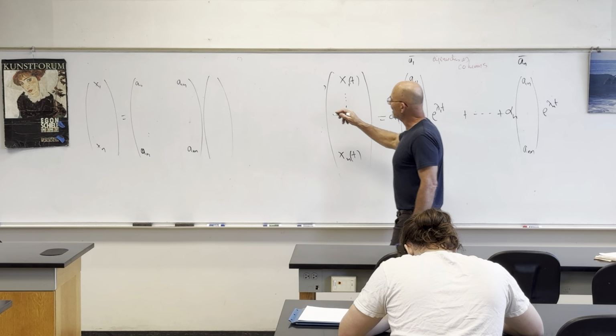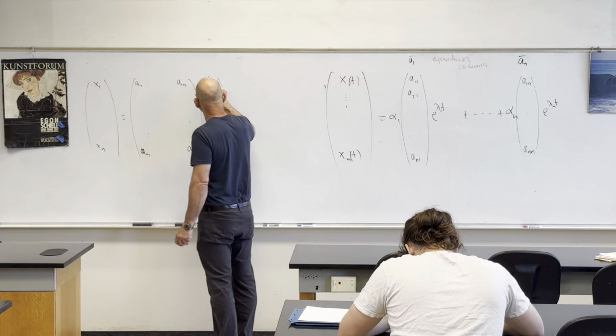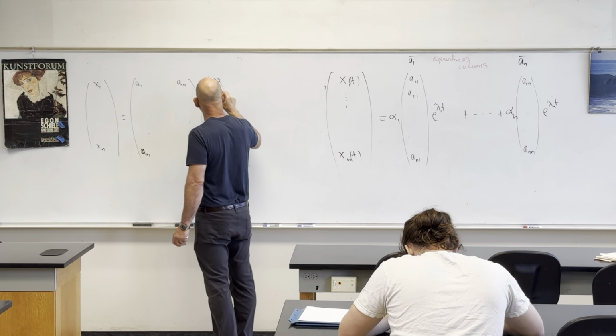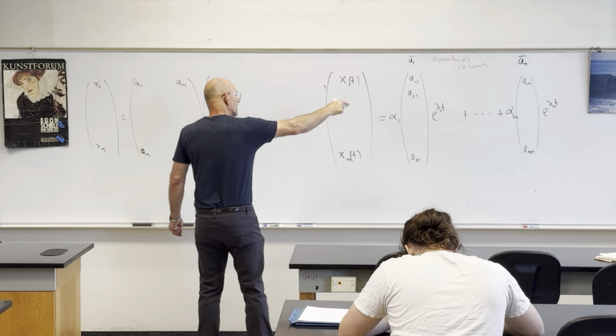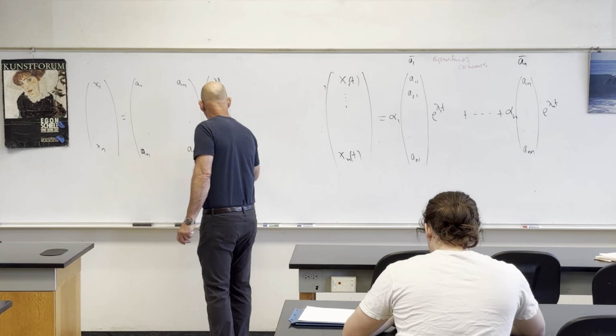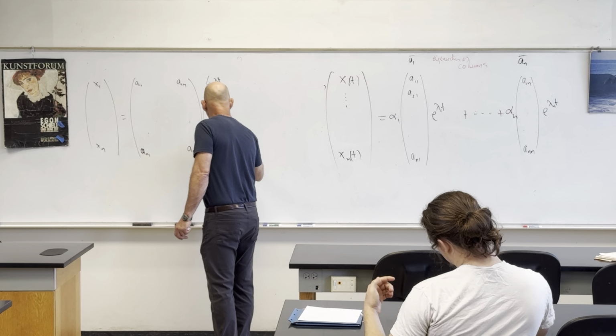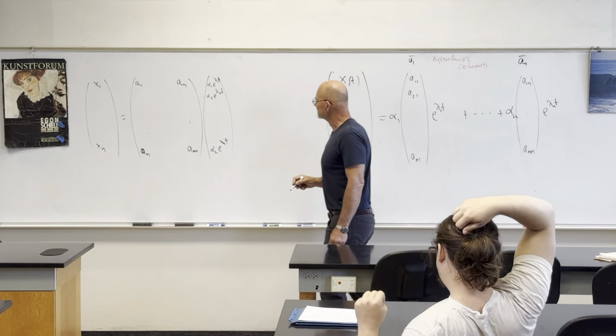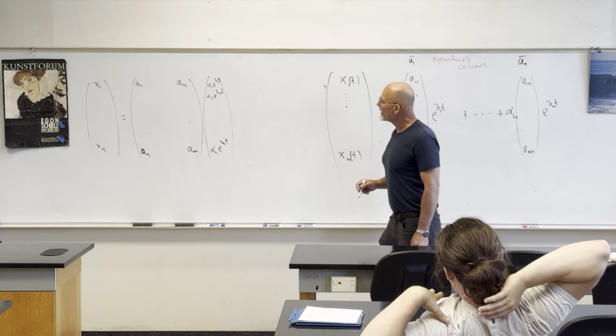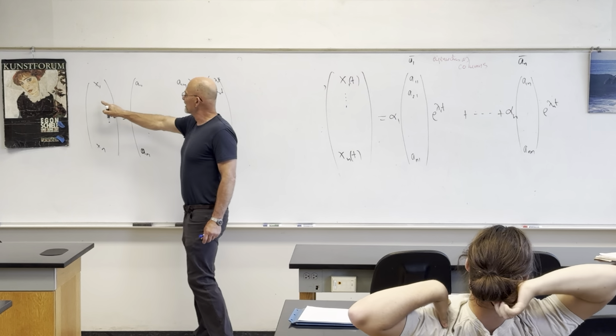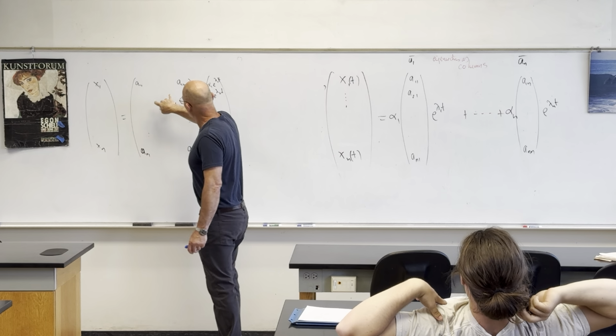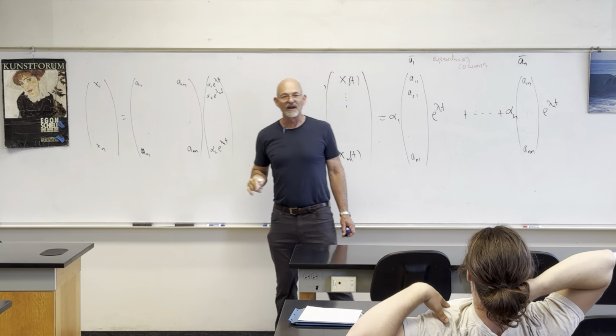I've got alpha 1 e to the lambda 1 t, alpha 2 e to the lambda 2 t, all the way down to alpha n e to the lambda n t. So now I have the solution x as matrix times vector once again.